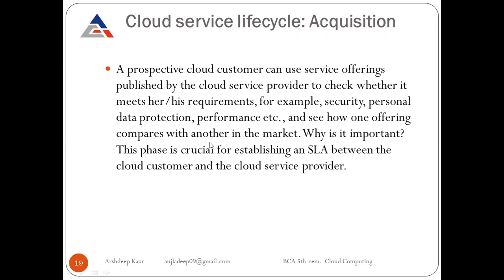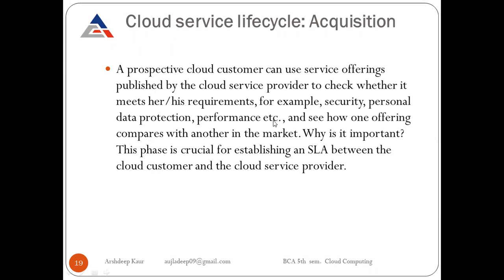So let us suppose I just want to purchase a service like infrastructure as a service, and there are two companies in the market that are providing both services. I will go to, let us suppose, Google. I will check all this infrastructure as a service of Google. I will check whether it's meeting my requirement or not. Then again, I will check the same service on Microsoft Azure.